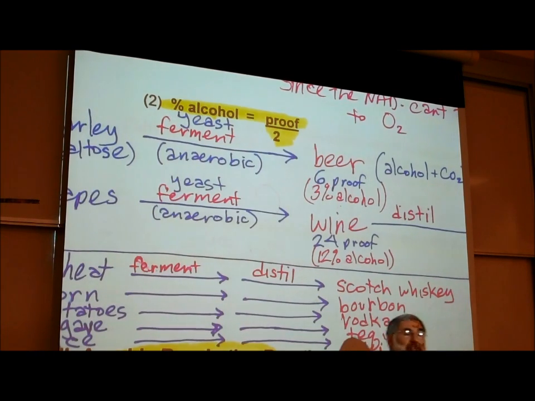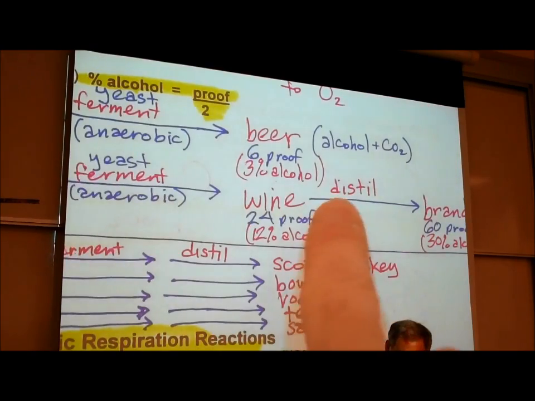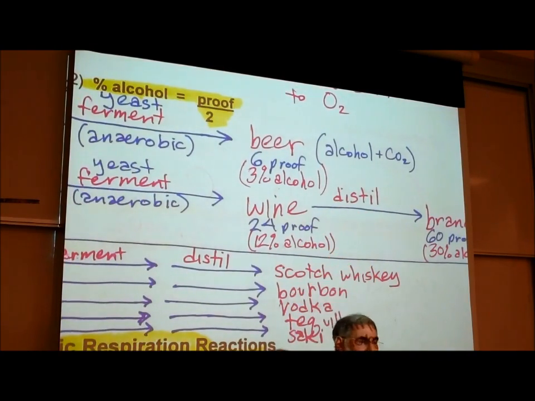So for that reason, you can't make any alcoholic drink by natural fermentation any more alcoholic than approximately 12% alcohol or 24 proof. If you want something with a higher alcohol content, and people in various places of the world have desired something with even more alcohol, then you have to do something called distilling. Distilling means concentrating that alcohol.